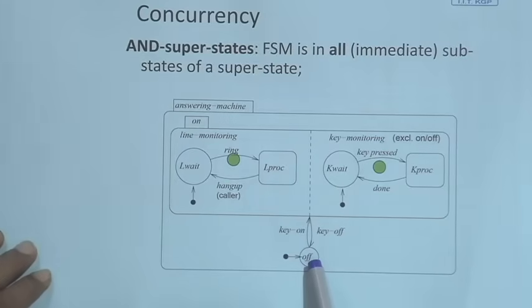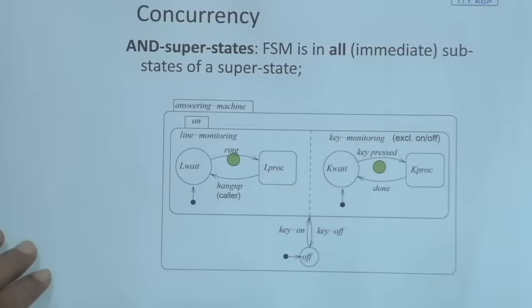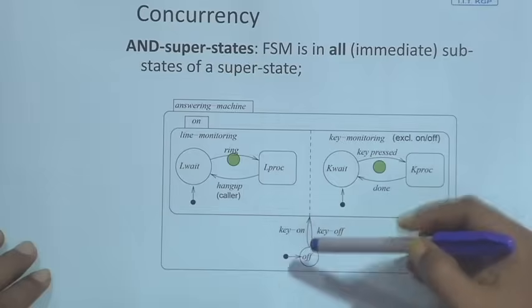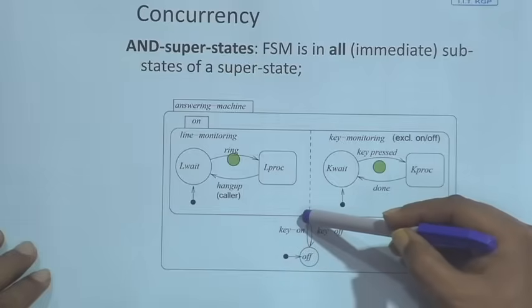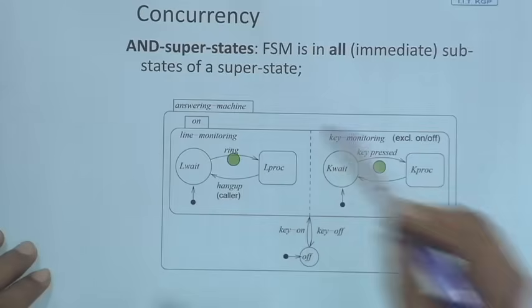Now, when the system enters, by default in this entire block, here is the default entry node, it comes to the off state. When I put the key on, it goes to the on state, right.